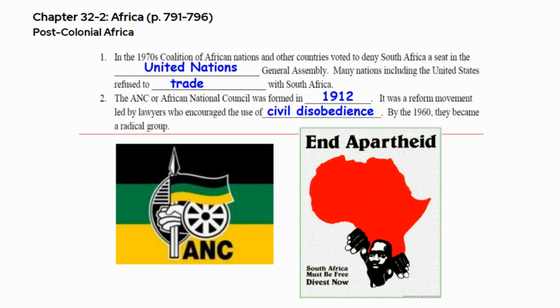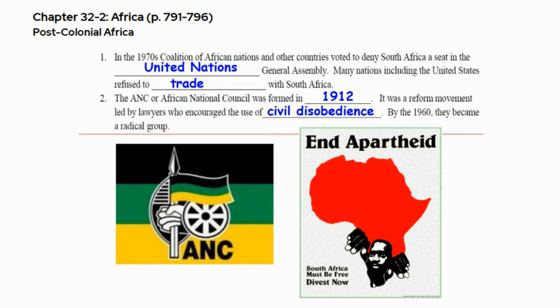Civil disobedience is basically refusing to follow rules. Okay, and this has been done throughout history. If you study some things that happened in the country of India, you'll hear about Mahatma Gandhi, or if you know a little bit about Dr. Martin Luther King Jr., you'll know that civil disobedience is a very effective method.